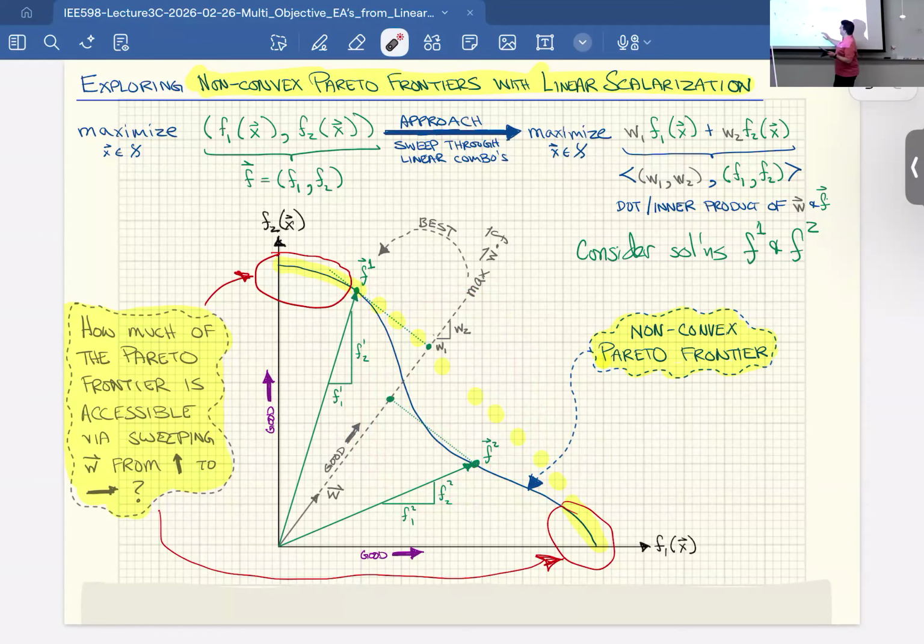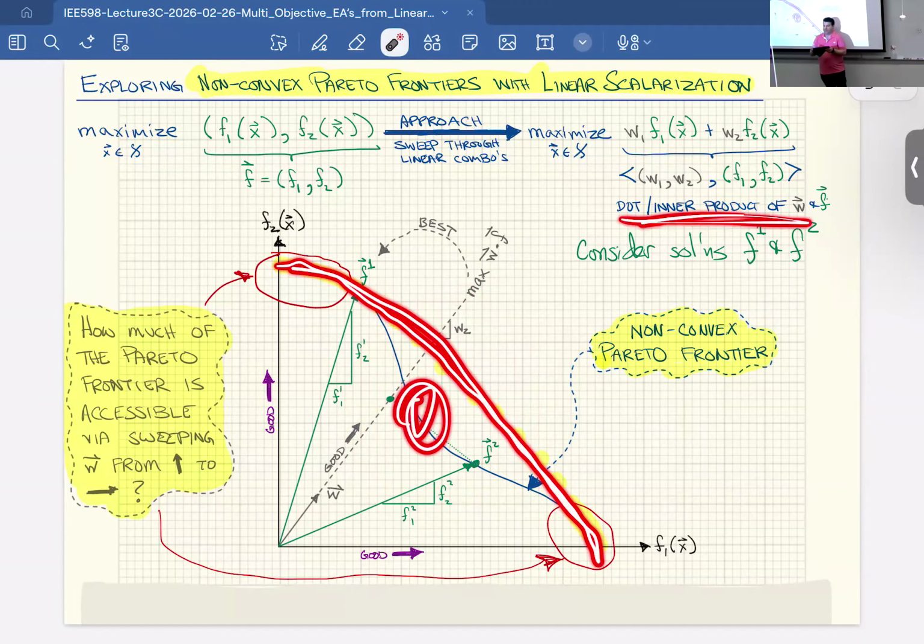We can only find things along this convex hull here, and so these end up being hidden from this approach. Every single multi-objective framework that is based on a linear scalarization is going to miss those.